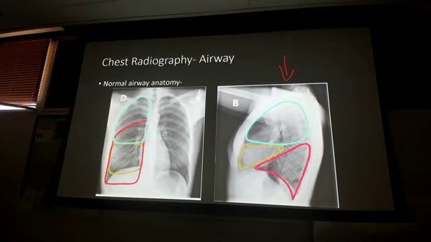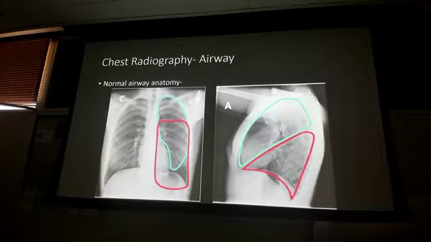That's why you have to use the PA to figure out what lung the abnormality is in before you go to the lateral to figure out what lobe it is in. Look at my left lung. That upper lobe is almost the entire side of the thorax, so we have this large area of overlap here that can be upper or lower lobe. So you need to use both.